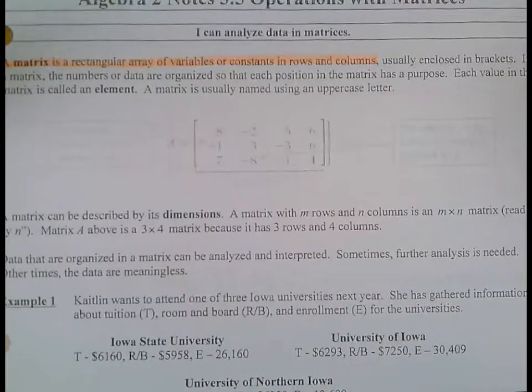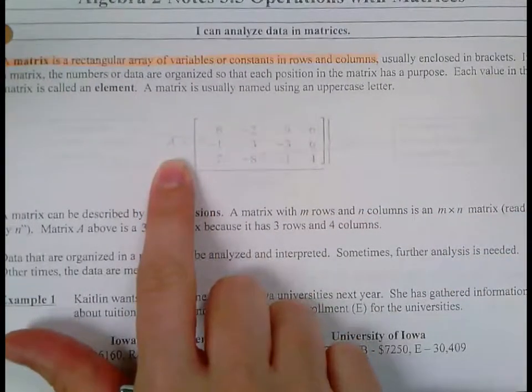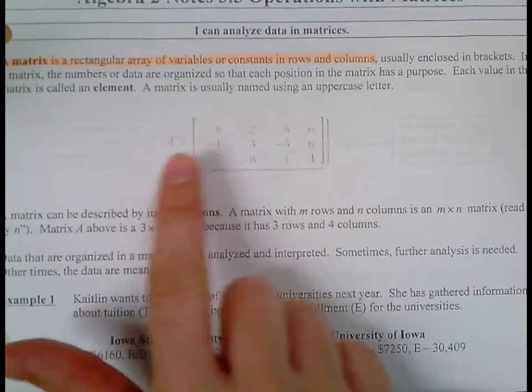In a matrix, the numbers or data are organized so that each position in the matrix has a purpose. And then each value in a matrix is called an element of the matrix. And these are usually named using an uppercase letter. So in this matrix here, you can see the matrix is called matrix A, and it's capital A.